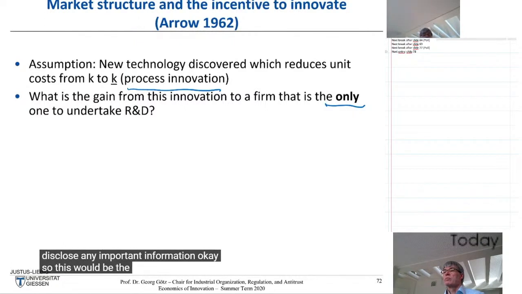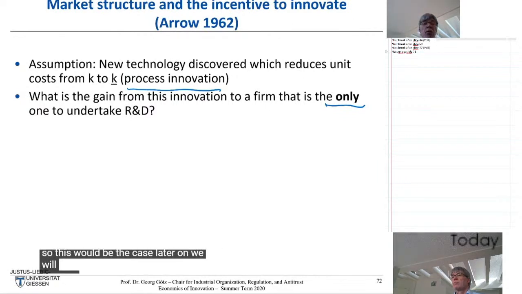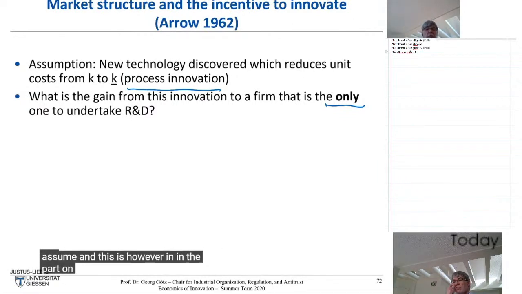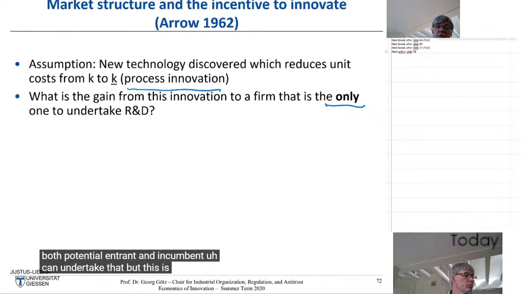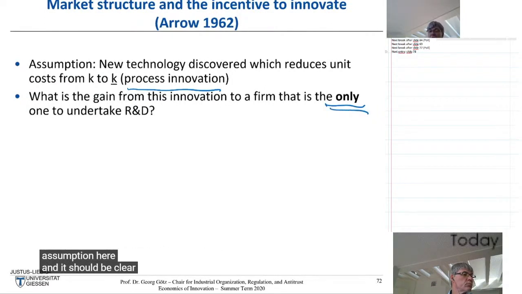Later on we will assume, in the part on the threat of entry, that an independent laboratory came up with a new process and runs an auction, where both a potential entrant and the incumbent can bid. But this is not the assumption here.